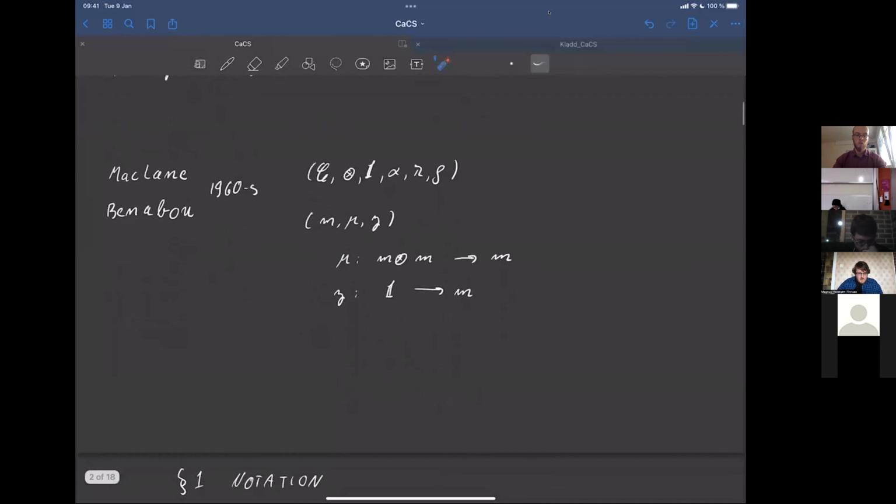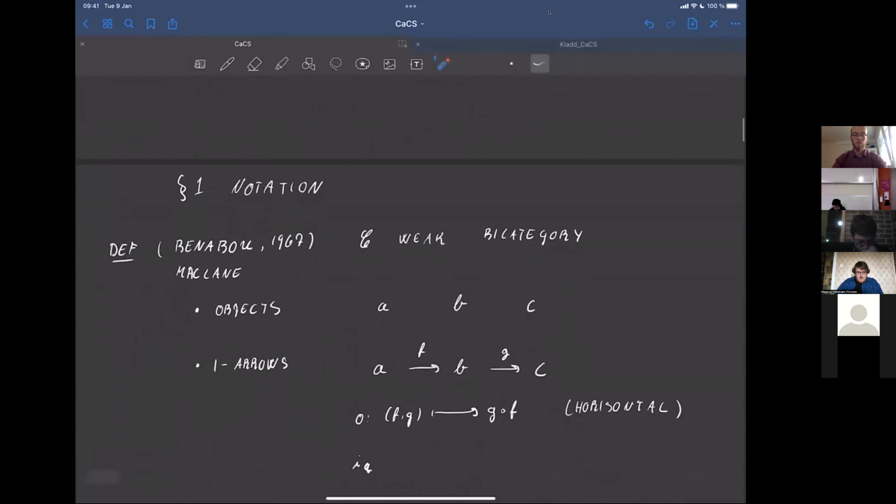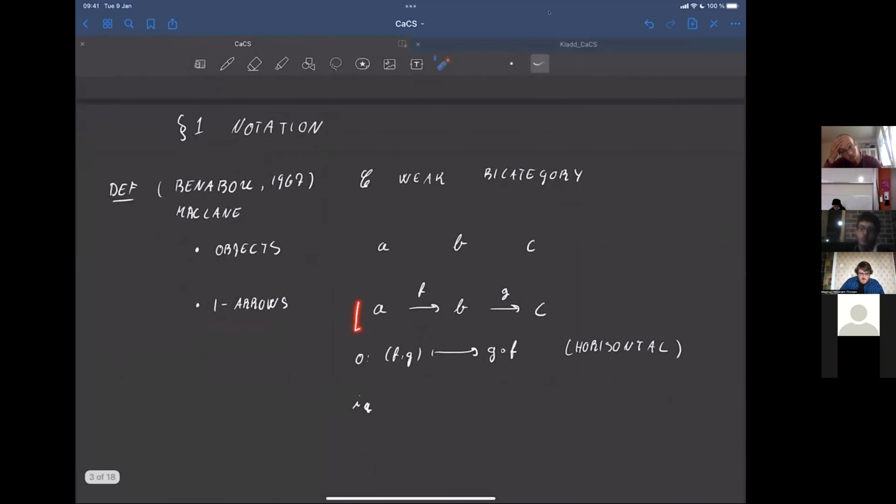So let's fix some notation. Let's see the weak double category. We have some notion of objects, which I will mostly denote by small Latin letters. We have some notion of one-arrows between the objects, which I will denote by this.